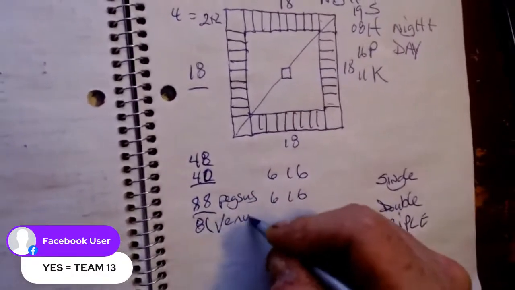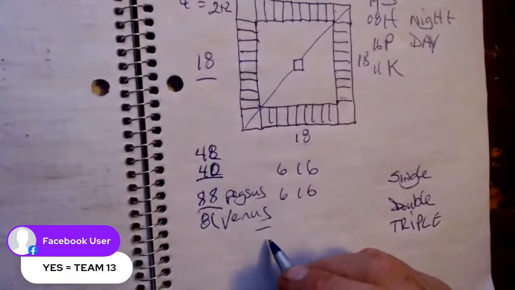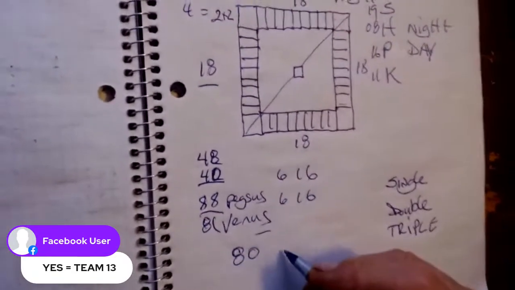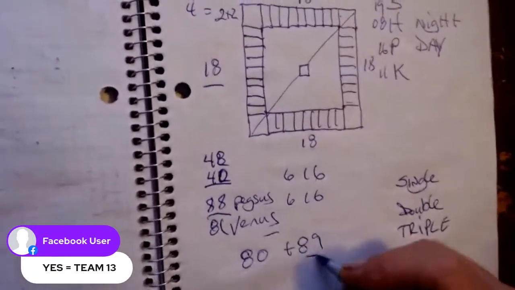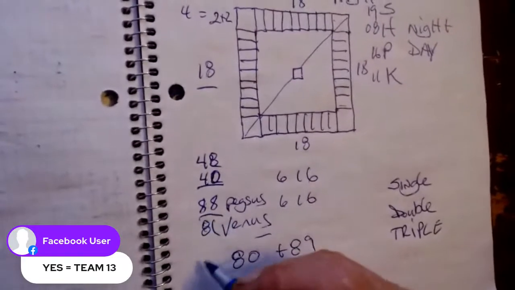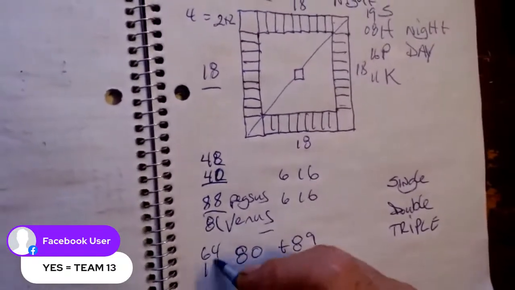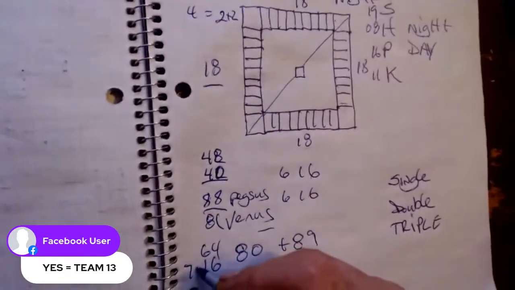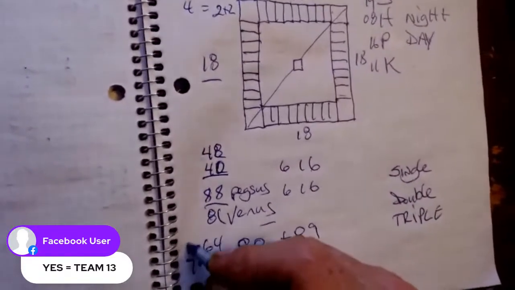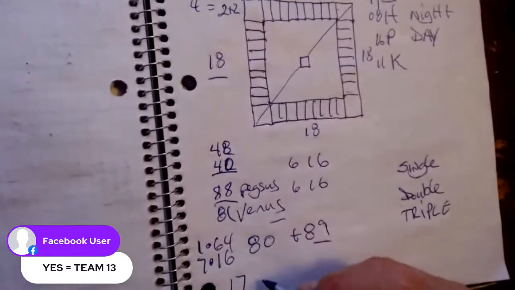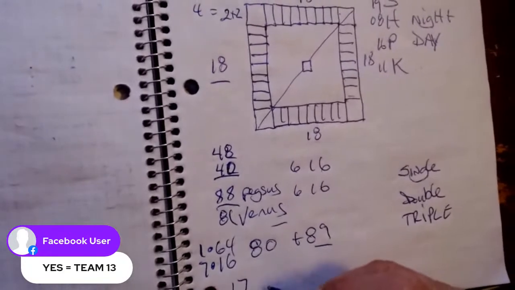Pegasus, Venus, which will create 80 and 89. Mathematics, 8 times 8, 8 plus 8, 64 and 16, 1 and 6, 7. 6 and 4, 10. 1 plus 0 is 1. 17Q at the 08 gate.